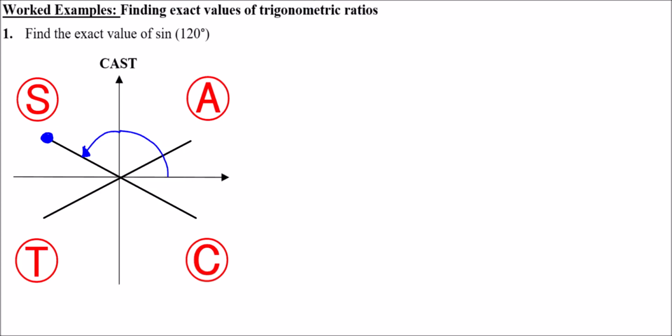So next up, what we need to do is think about the acute angle in between these lines and the x-axis. And so if this is 120, this is going to be 60, this is 60, they'll all be 60.